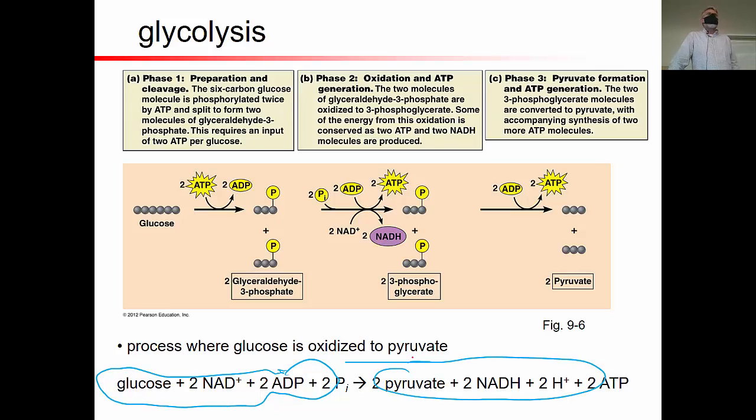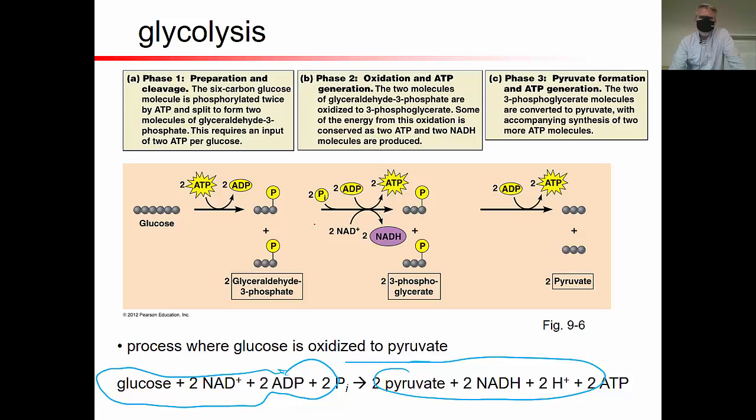So this is a nice diagram. This is sort of the level I'm looking at for this. And what we can see is we start with glucose, which is a 6-carbon molecule. And 2 ATP are added to that. And then it's oxidized.